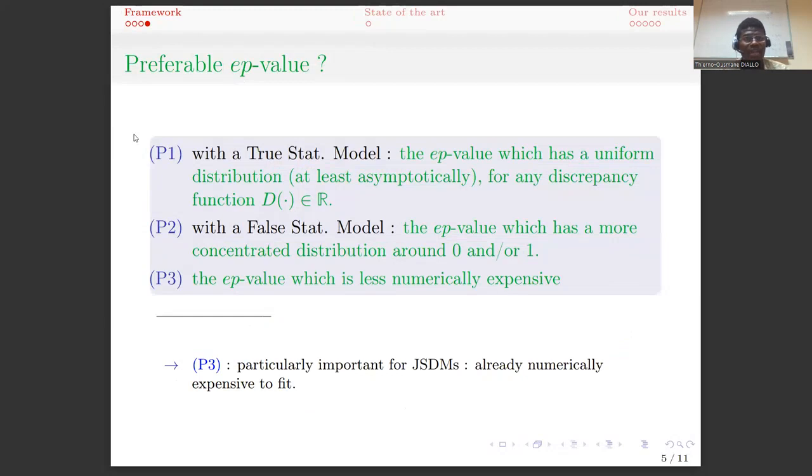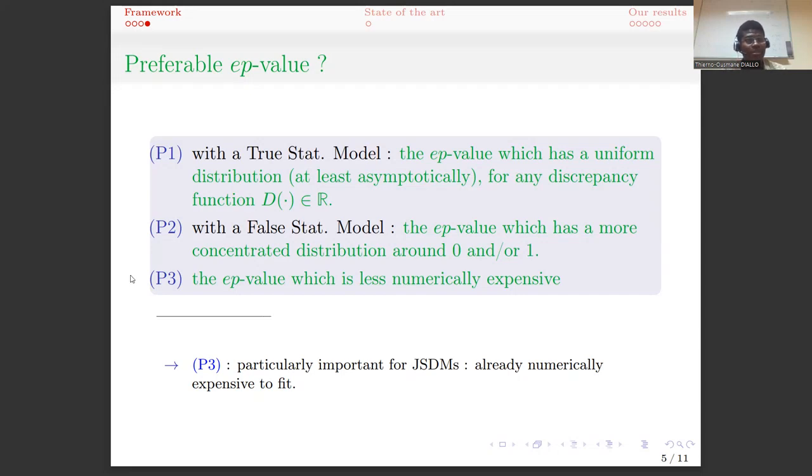What is the preferable EP-value? Property P1: with a true statistical model, the preferable EP-value is the EP-value which has a uniform distribution, at least asymptotically, for any discrepancy function in the real values. Property P2: with a false statistical model, the preferable EP-value is the EP-value which has a more concentrated distribution around 0 and/or 1.